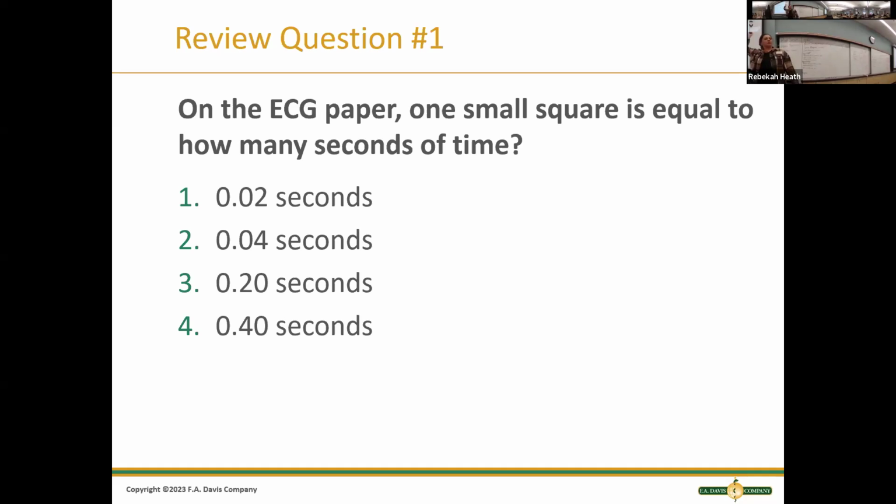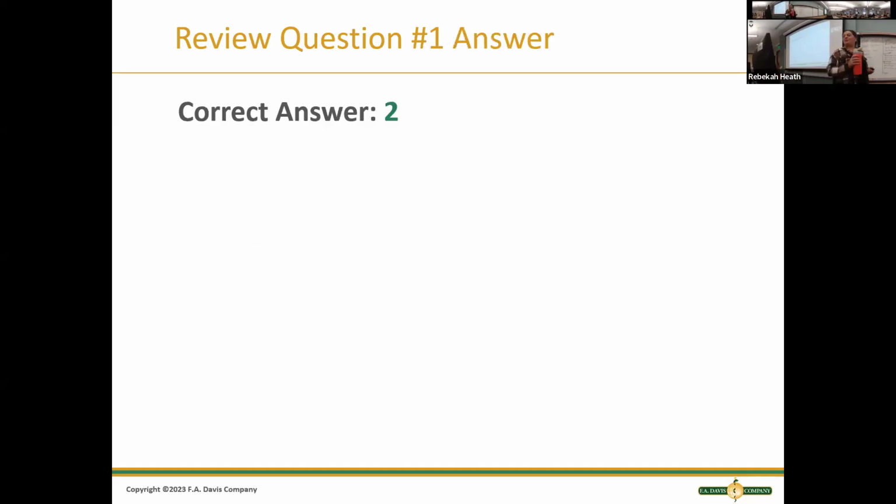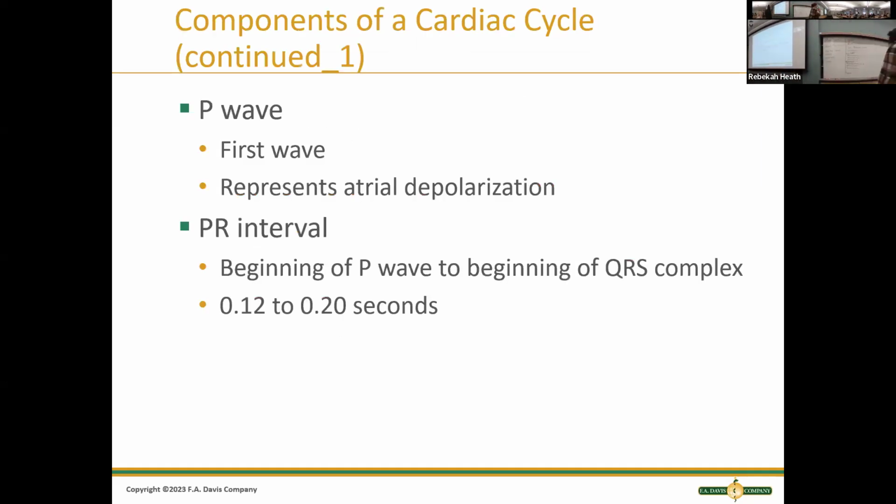All right, a question on the EKG paper: one small square, the little bitties. Don't look at the board. How long are they? 0.04 seconds. Yeah. So the P wave is the first wave.